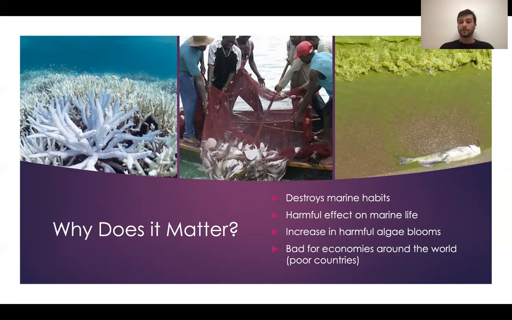Harder for fishermen to catch, and this affects the economies of many nations that rely heavily on an ocean-based economy. Many people depend solely on ocean proteins like fish and clams for their diet. So this affects their economies. They're not able to make money, and they're not able to eat oftentimes. Very big deal.